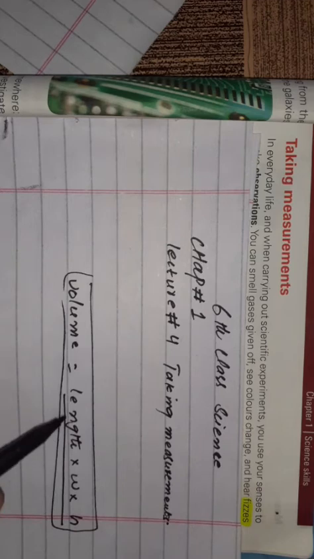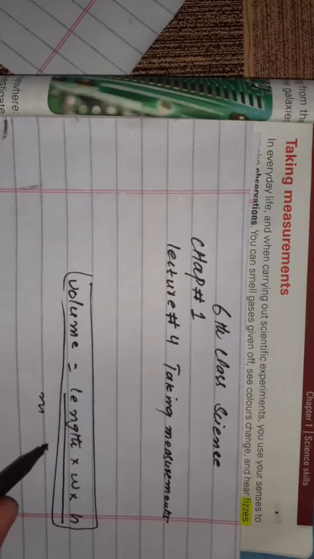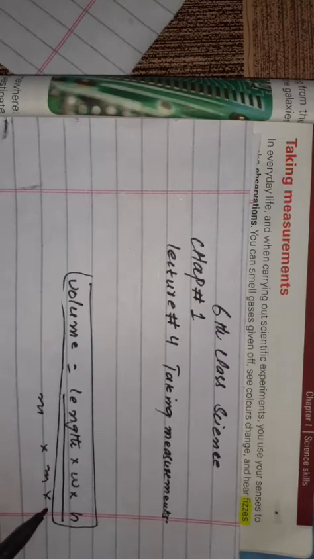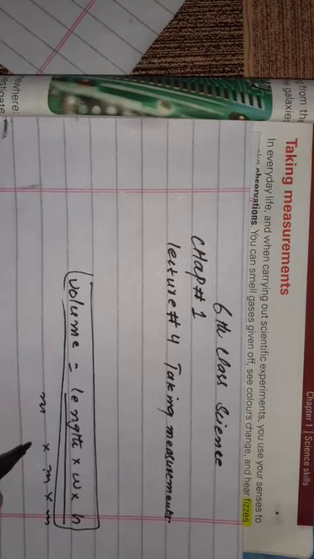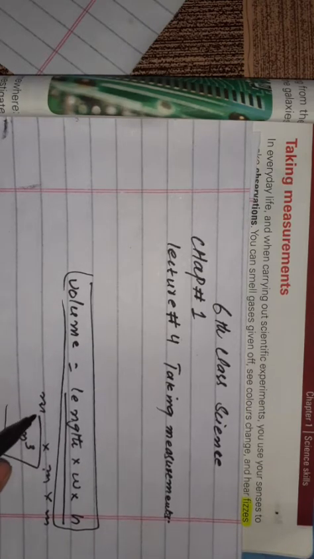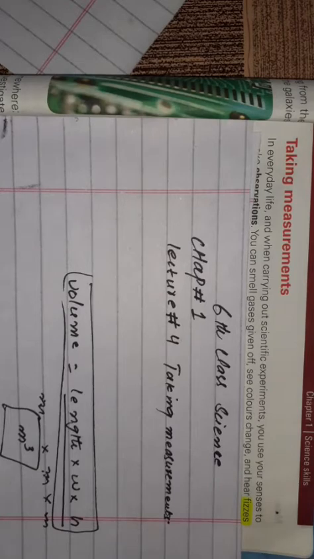Clear? The unit for length is m, meaning meter, width also meter, and height you measure in meters. There are three of them, so you can write it like this: meter cube. This means length, width and height. Clear?